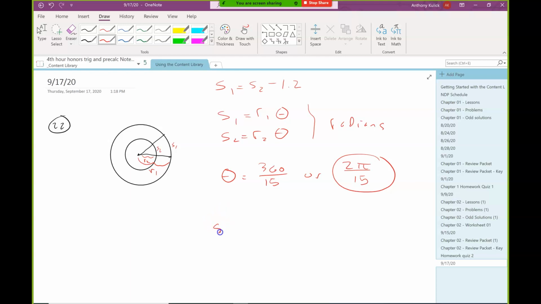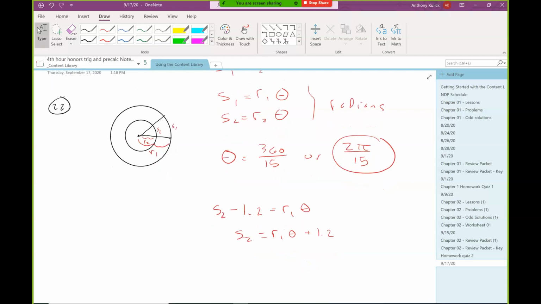So I can say that S2 then is equal to R1 times theta, and if I add the 1.2 over, I have this. And then if I take this equation and substitute it, because they're both equal to S2, I can say R2 theta is equal to R1 theta plus 1.2.